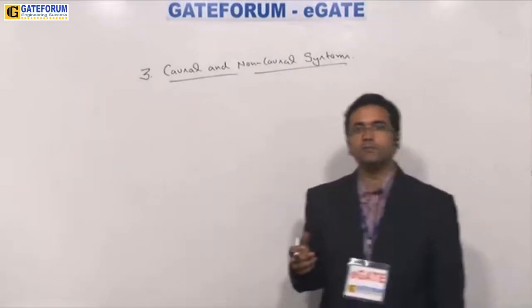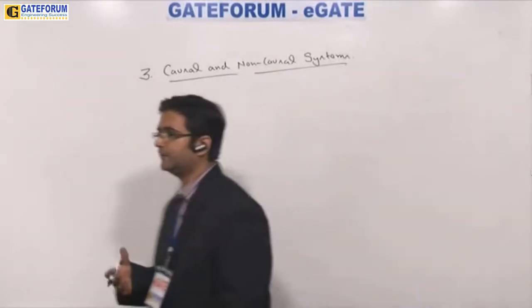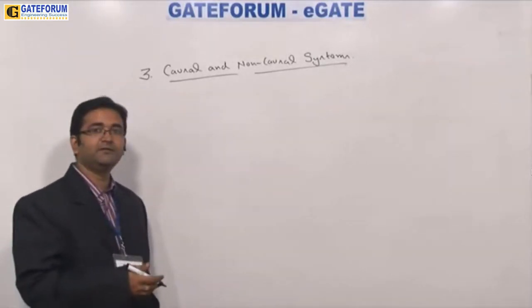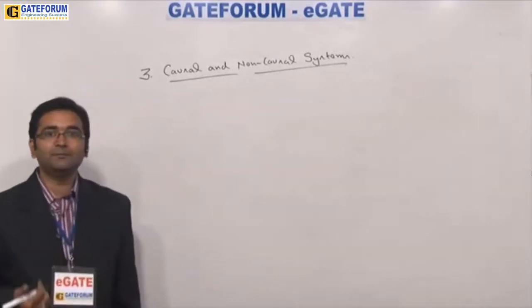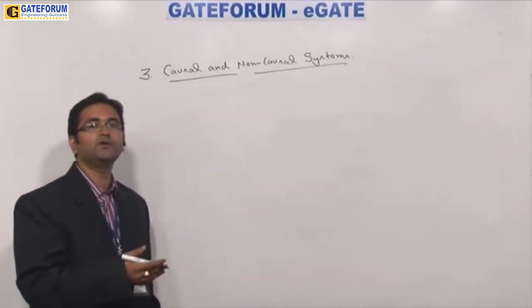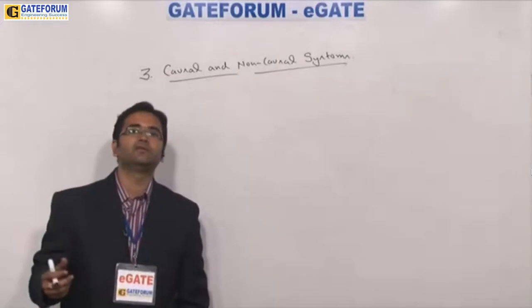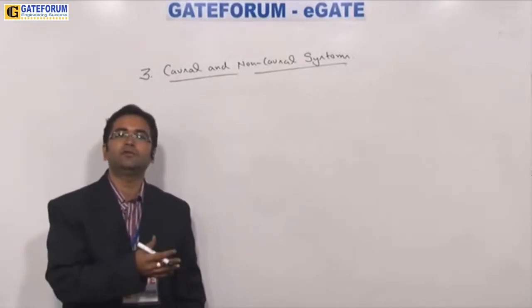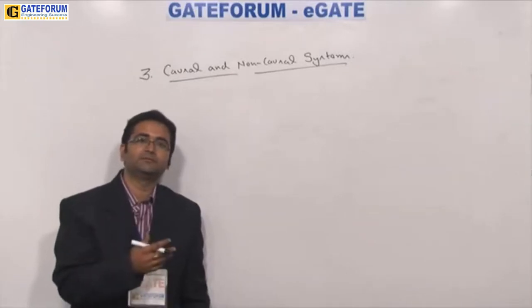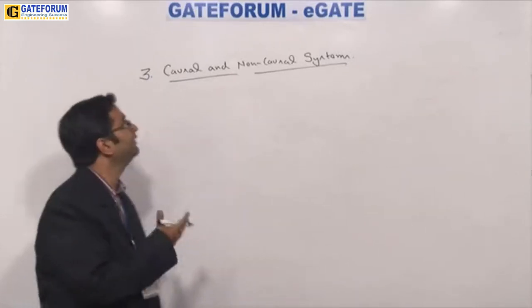Without the cause, there cannot be any effect, and that is the meaning of causality. If a system is giving the output before even the input is applied, such systems are not practical, and those systems are known as non-causal, because without the cause, the effect is going to come. If with the cause some effect is coming, that is a causal system.